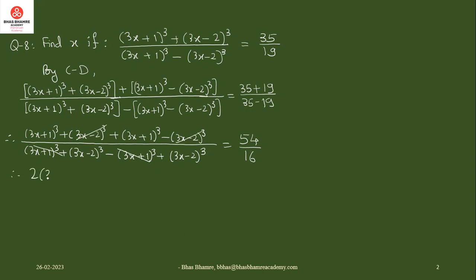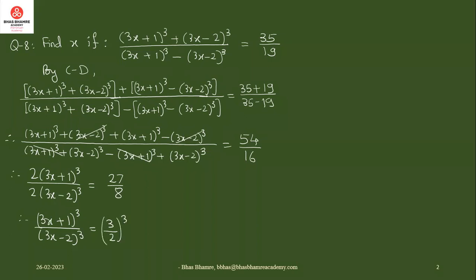So we have twice (3x plus 1) whole cube upon twice (3x minus 2) whole cube is equal to 27 upon 8. So (3x plus 1) whole cube upon (3x minus 2) whole cube is equal to (3 upon 2) whole cube. Now we can take the cube root on both sides.